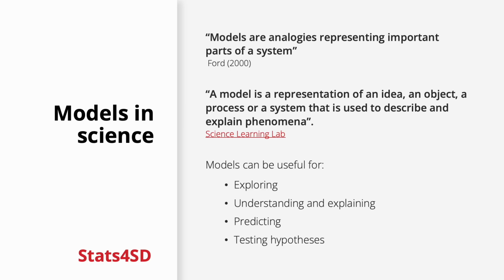Without getting into philosophical discussions about what a model is, we can say that practically models can be useful. They have roles to play in exploring a subject, understanding and explaining what is happening, making predictions about what may happen in a new situation, and testing hypotheses.